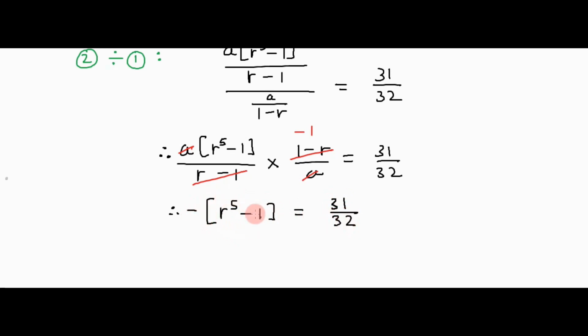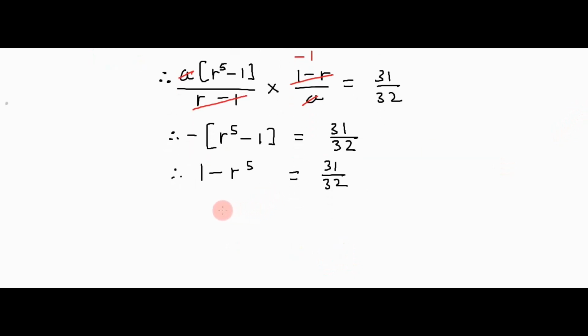We can multiply the negative into the brackets. And we can make r to the 5 the subject of the formula. So r to the 5 will be 1 minus 31 over 32. Now, 1 is 32 over 32.